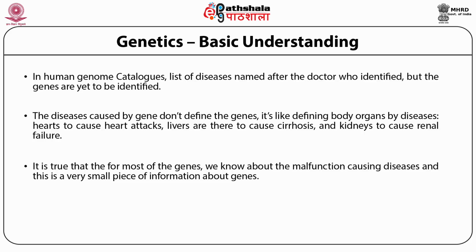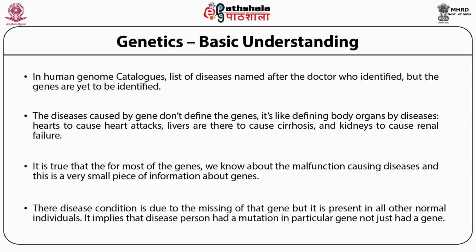Subjects who have Wolf-Hirschhorn syndrome don't have the gene, but all other individuals have it. Their disease condition is because of the missing of a particular gene, but it is present in all other normal individuals. It implies that the diseased person had a mutation in a particular gene, not just that they had a gene, as per Ridley 1999.